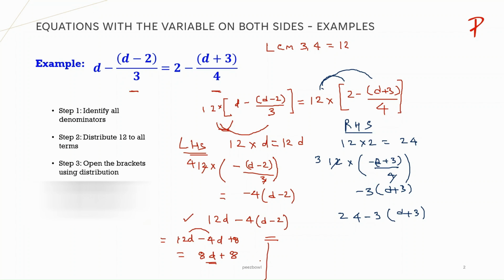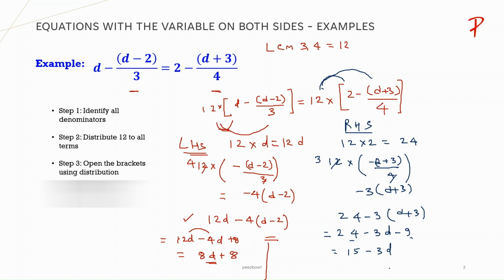Let us solve the right hand side. On the right hand side we have 24 minus 3(d plus 3). This is going to be 24 minus 3d minus 9. So 24 minus 9 is 15, and minus 3d.